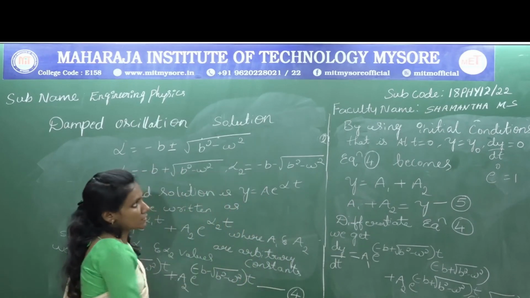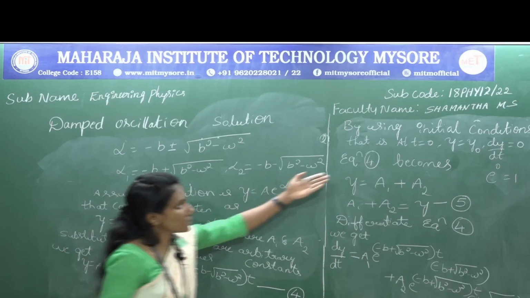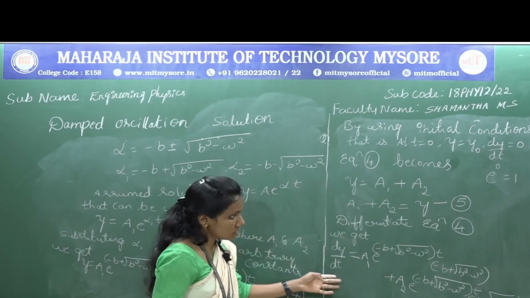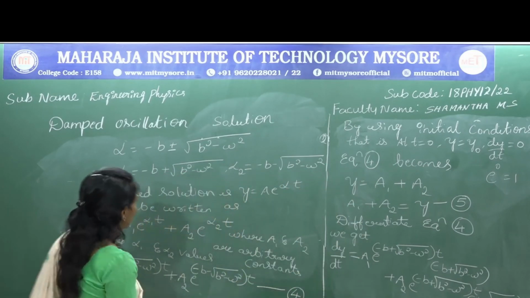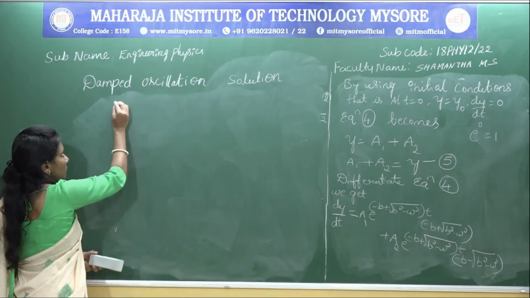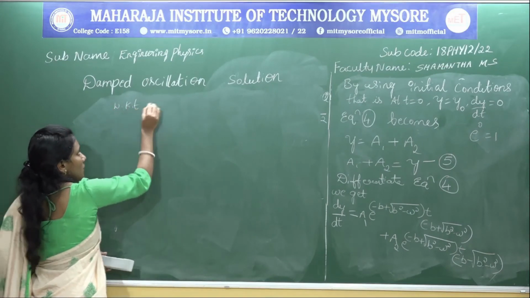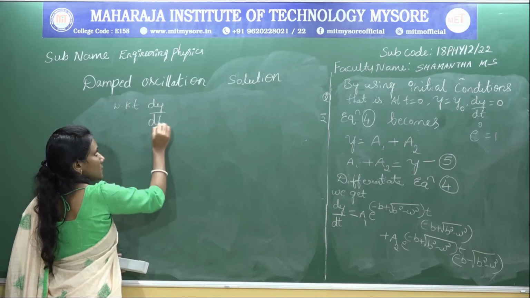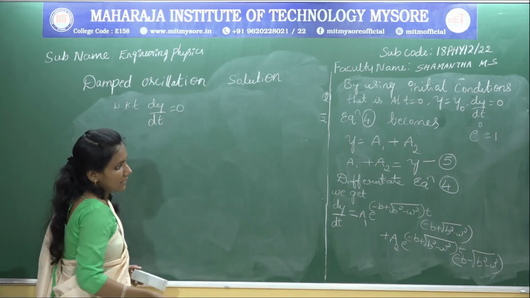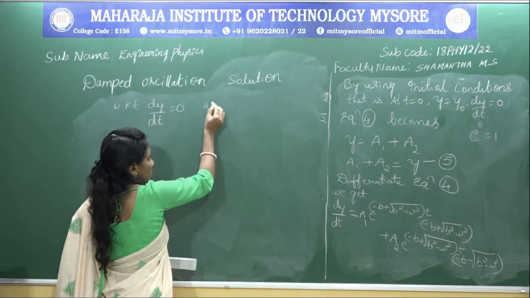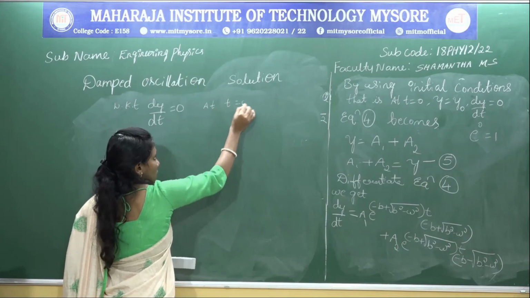From the initial conditions we know that dy/dt is equal to 0 at time t equal to 0.